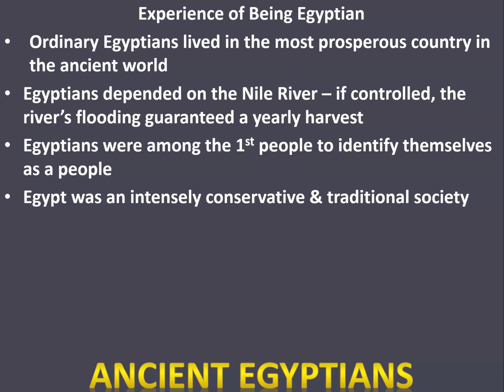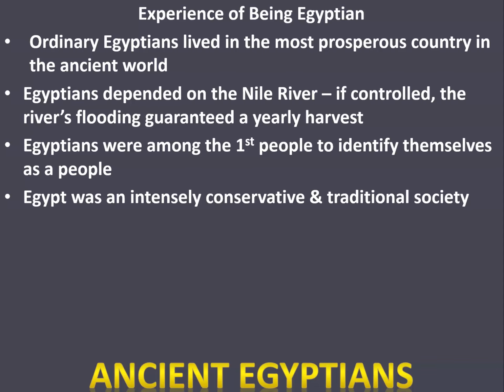There was not a whole lot of wide-ranging change that we see through all the different dynasties and periods of Egyptian history. Because life is so easy along the Nile, and because everybody really wants to keep what they have going, people are going to say, well, this is what my father did, and he did the same thing as my grandfather, who did the same thing as the great-grandfather, and all those previous generations had everything go great for them.